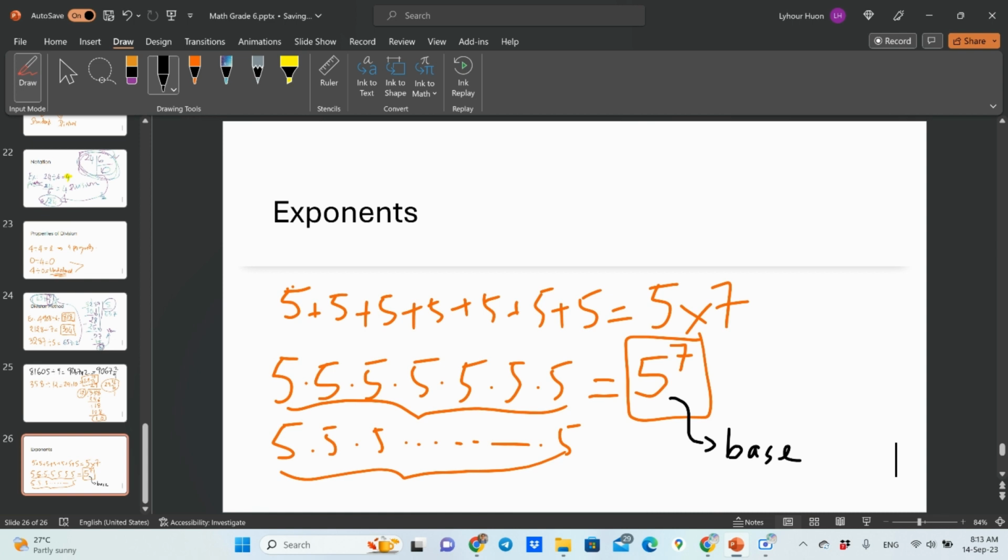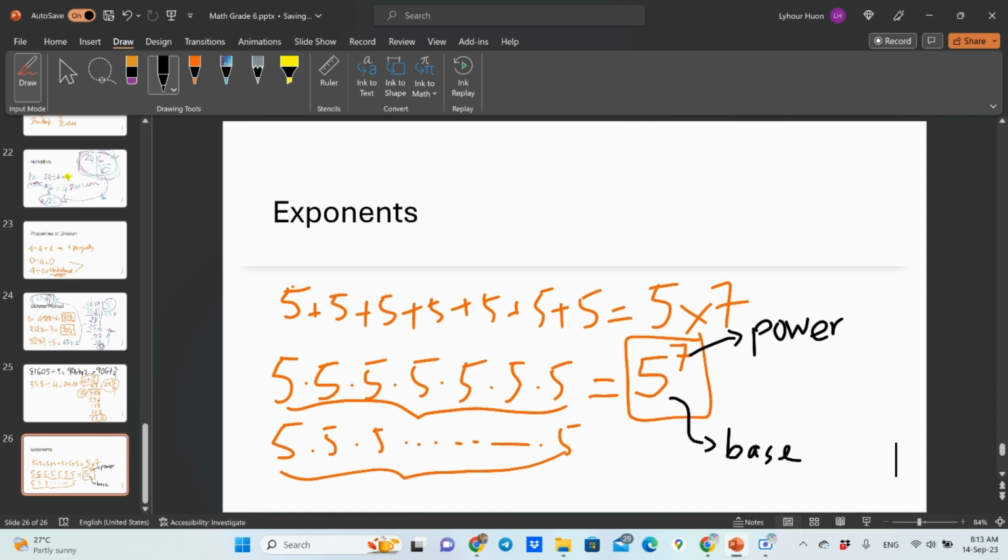The 7 at the subscript, we call it the power. So it's 5 to the power of 7. To read it, it's 5 to the power 7. The 5 is the base, 7 is the power.